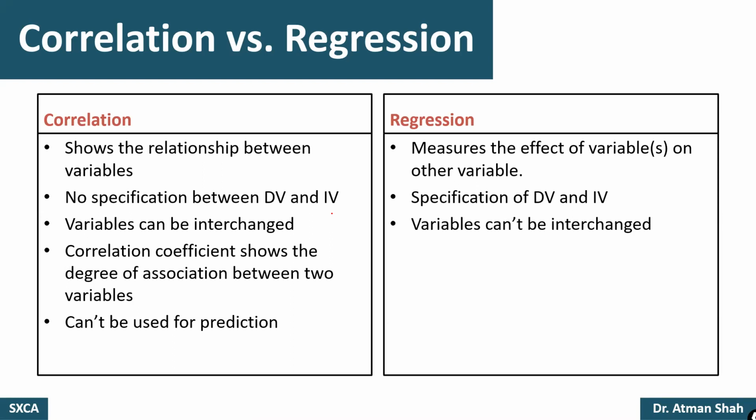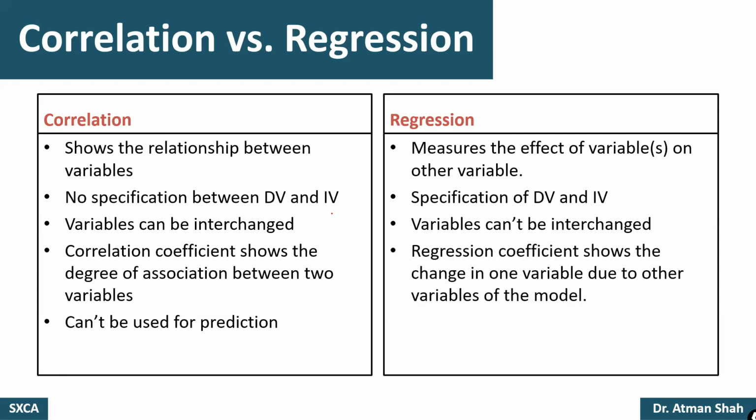So here you cannot interchange the variable. Dependent variable cannot become independent variable and independent variable cannot become dependent variable. Otherwise, the result will change. Regression coefficient shows the change in one variable due to other variables of the model. Therefore, it is used for prediction.